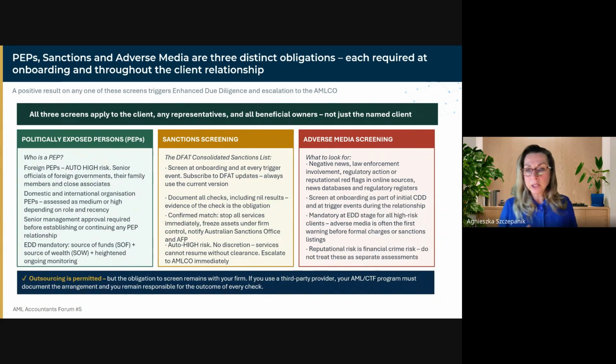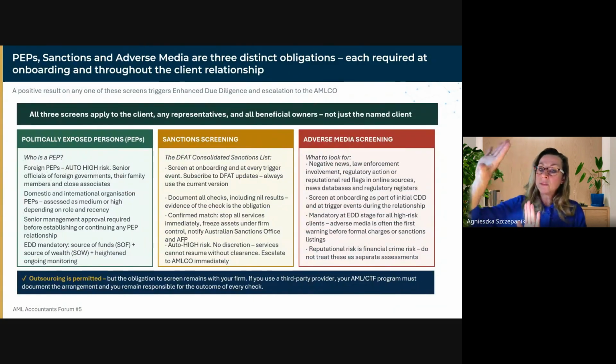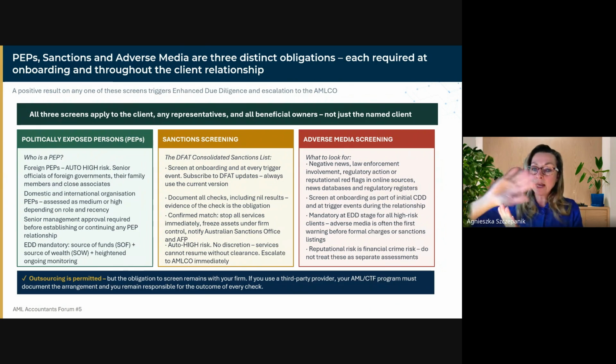Adverse media screening is something different. It's not a one-to-one match, but it is taking the name of your customer and putting it against databases that hold lots of different news media articles and scanning to see whether there is any adverse media on that individual, whether it's law enforcement, regulatory action, fraud, scams, etc. Also, I would say scan some of your providers, not this one, because I think not all providers in this space have been created equal.